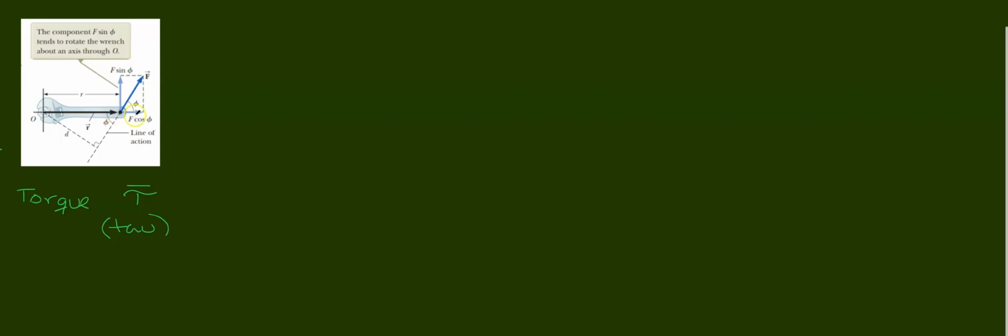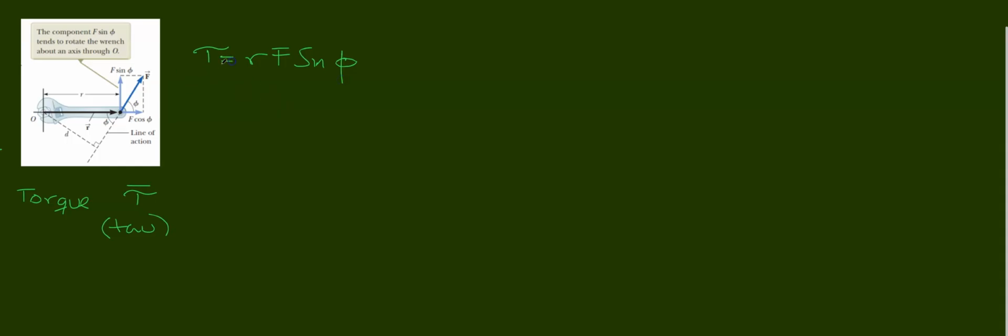So we can decompose F parallel or perpendicular to vector r. If we look at this, we can see that the torque is proportional to the distance r, and the force, and also the sine of the angle.